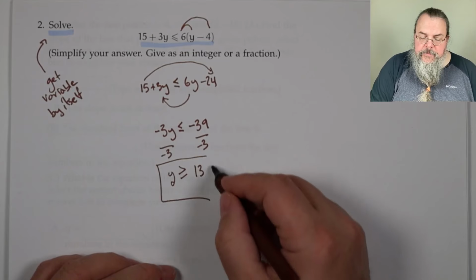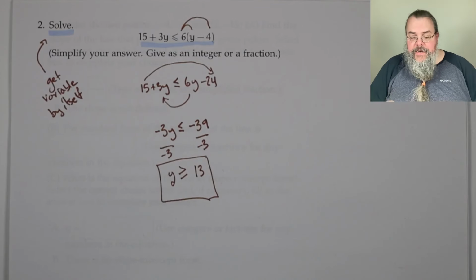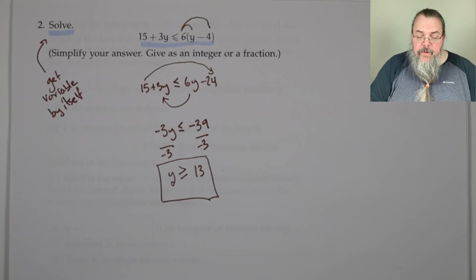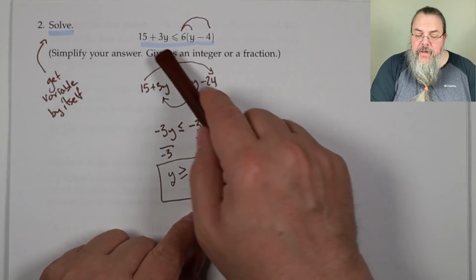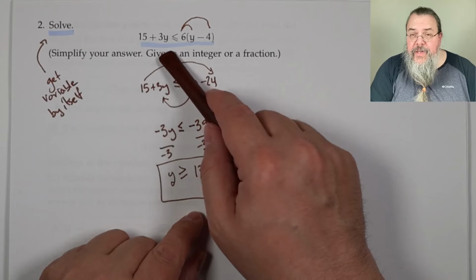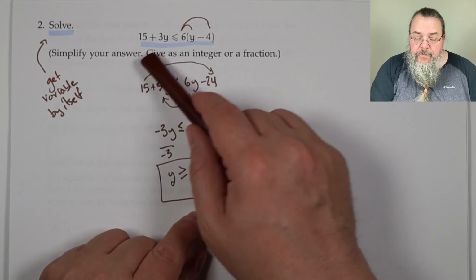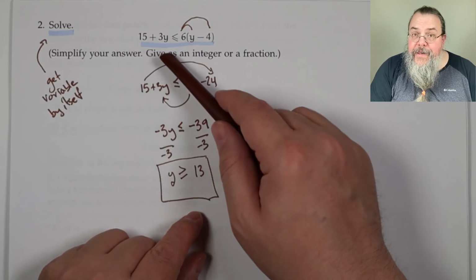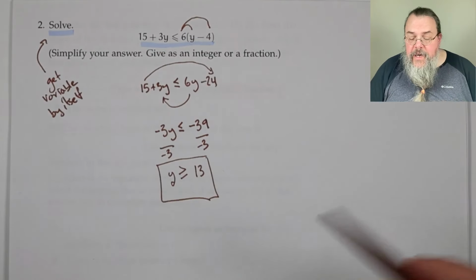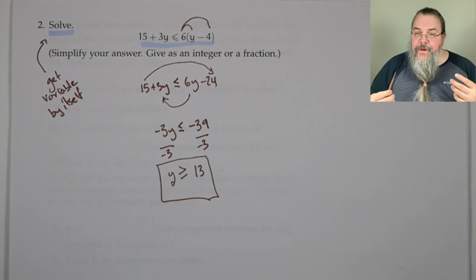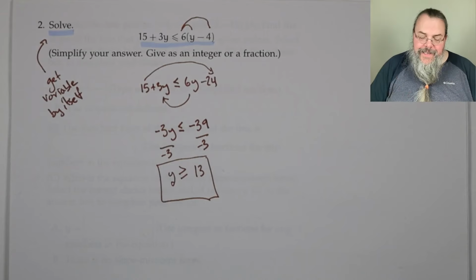And there you go. Now, how do you check it? Well, one thing is if you plug in 13, you should actually get equality. And here, 15 plus 3 times 13, well, that's 15 plus 39, and that's 54. 13 minus 4 is 9. 9 times 6 is 54. So cool, you got equality.